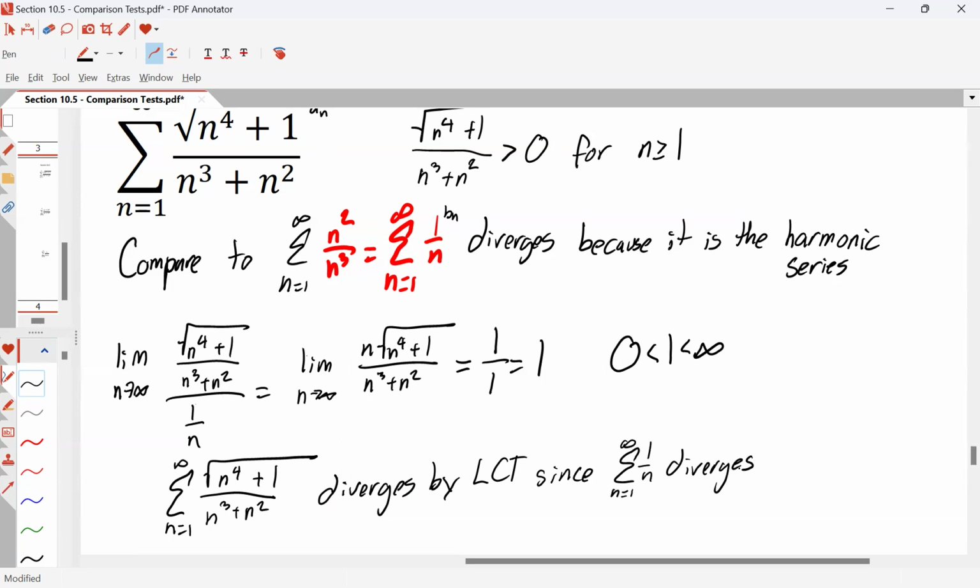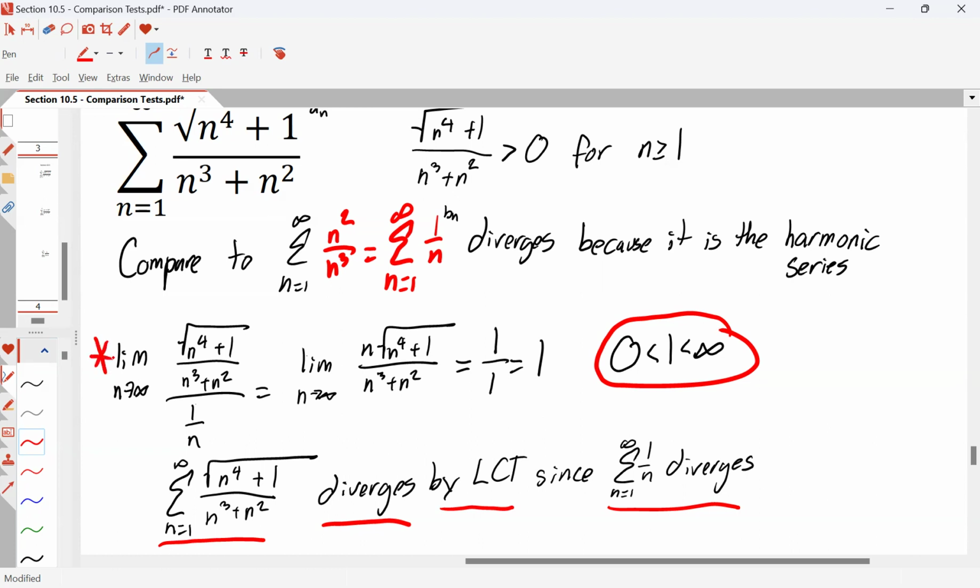Some things we need to see in the work is our conclusion sentence of our series converges or diverges by the test with our reason. But then inside of the work, we do need to see that our limit is between 0 and infinity. And we need to see the work of the limit, and basically what we're comparing to, and why it diverges or converges.